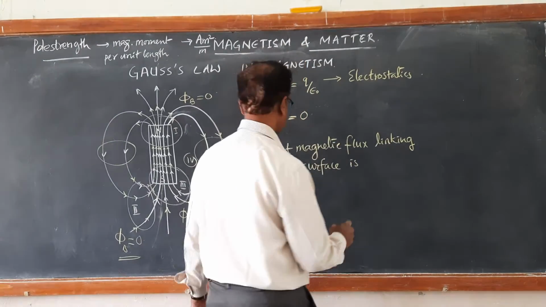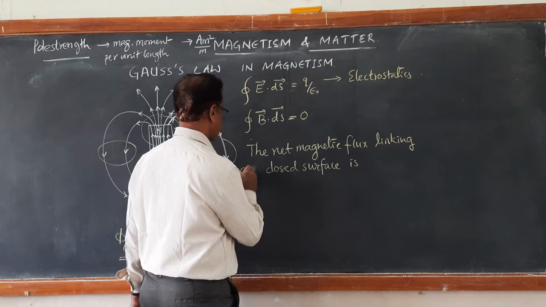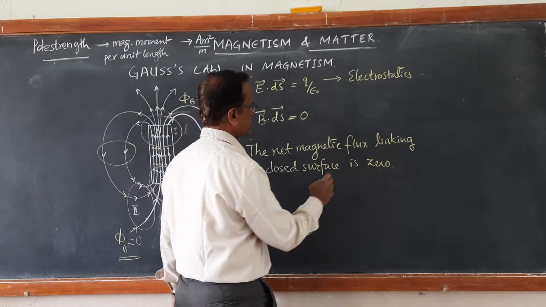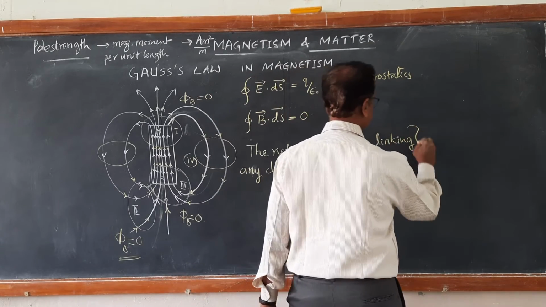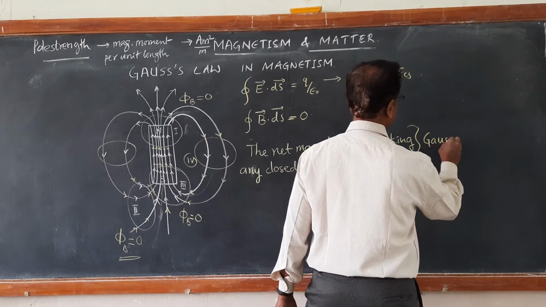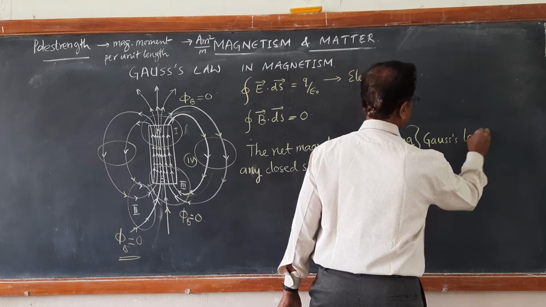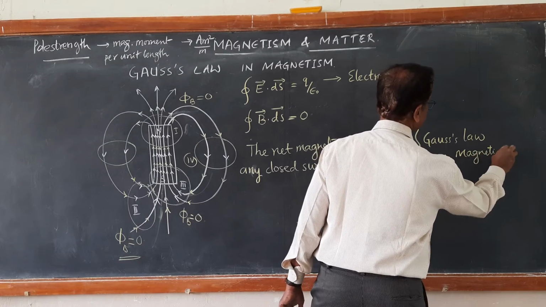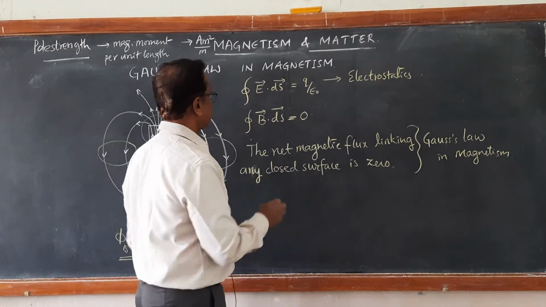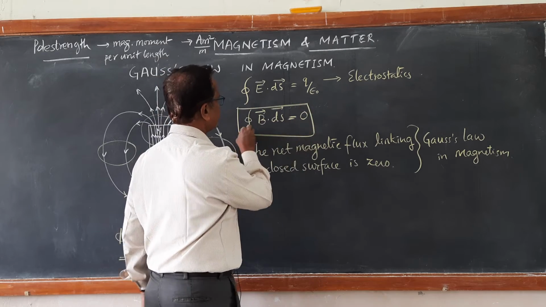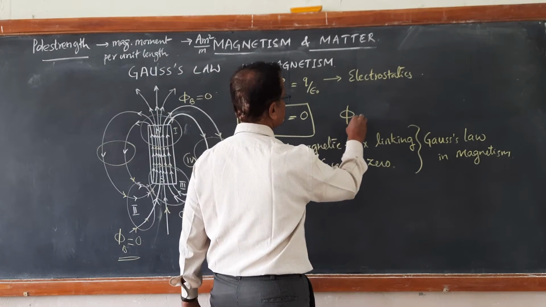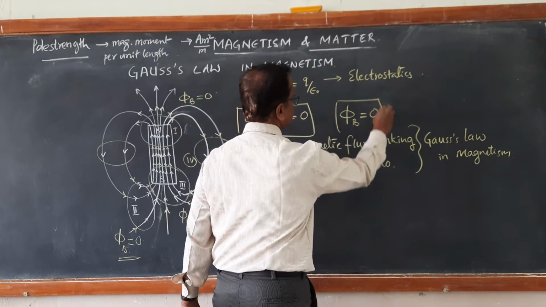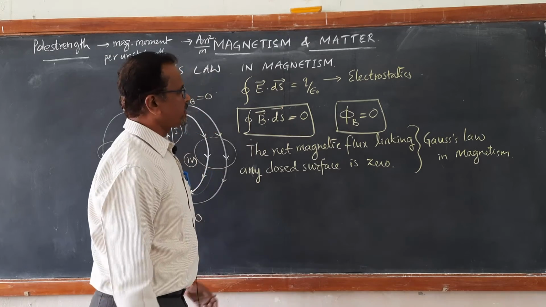Any closed surface is 0. This is the Gauss law in magnetism. The meaning of this is that the magnetic flux phi B linking with a closed surface is always equal to 0. Here it is non-zero for electrostatics.